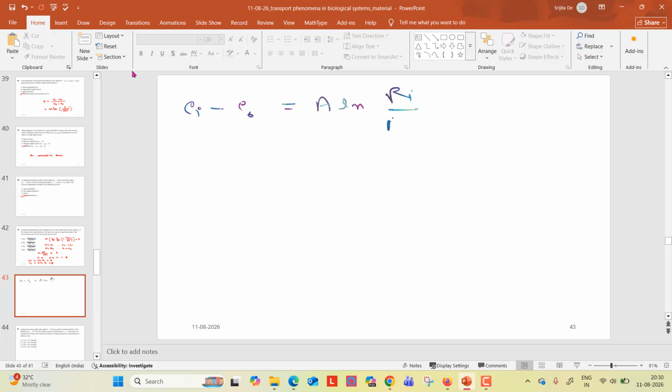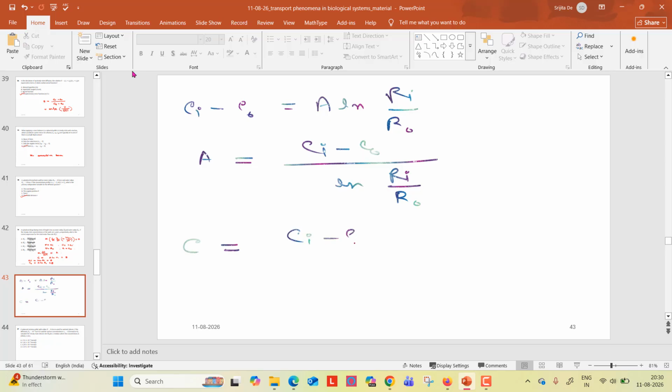B will cancel out. So A will be Ci minus Co by ln Ri by Ro. Now if we put the value, C will be Ci minus Co by ln Ri by Ro into ln r, right?